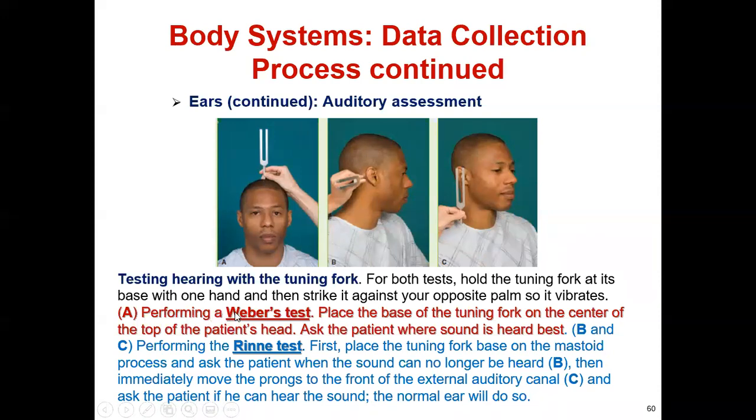To perform the Weber test, place the base of the tuning fork on the center of the top of the patient's head, we call it the vertex area, and ask the patient where the sound is heard best.